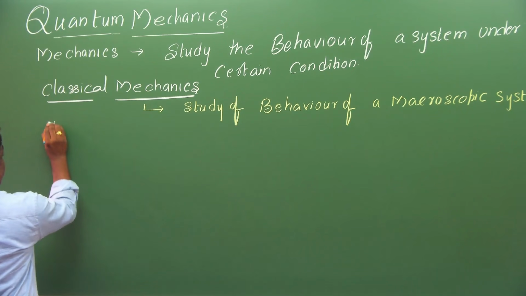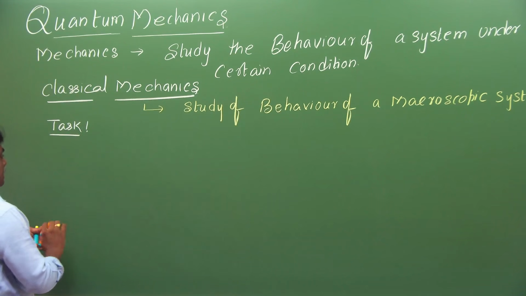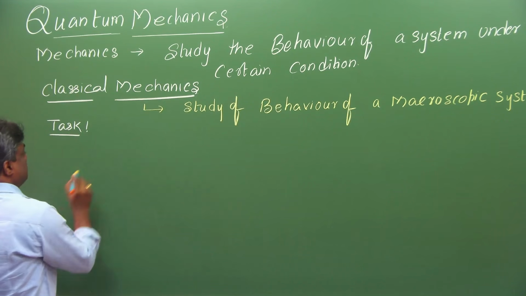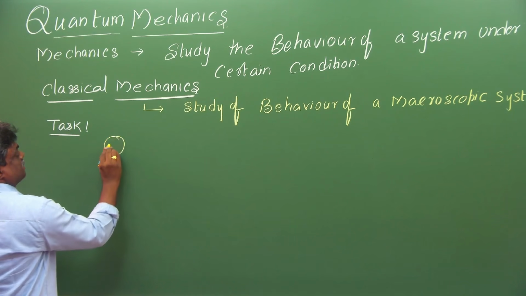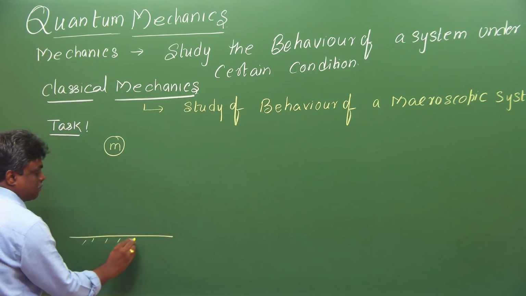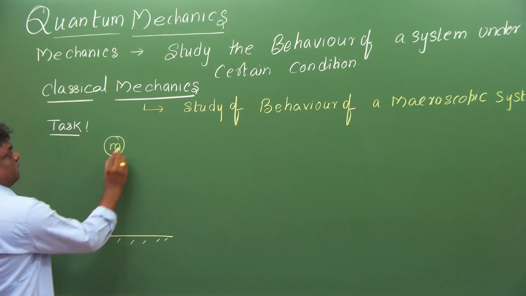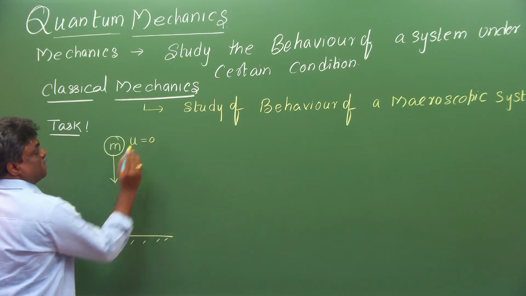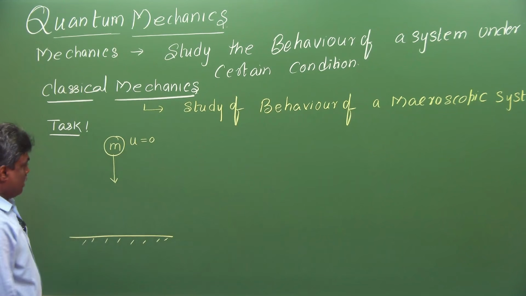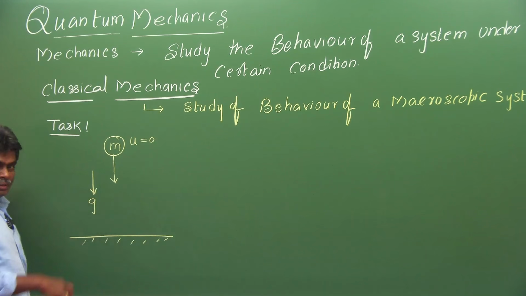Okay. Now I am taking a small task. Here is a body of mass m. Observe carefully. This is the body of mass m and this is the ground, let us suppose. Now this is freely falling and initial velocity u equal to how much? 0. And it is moving under gravity, that's why gravity is always downward.